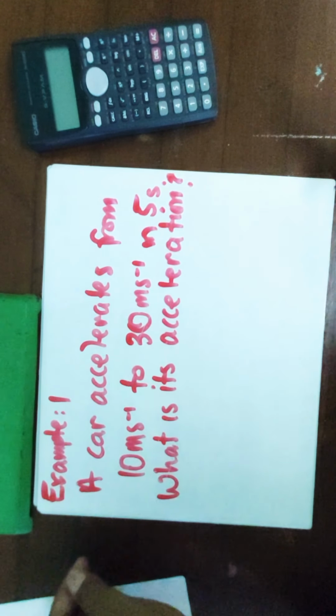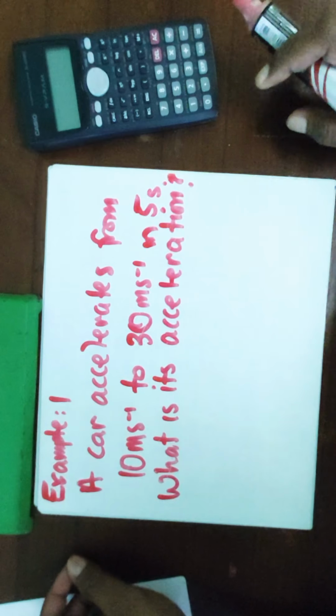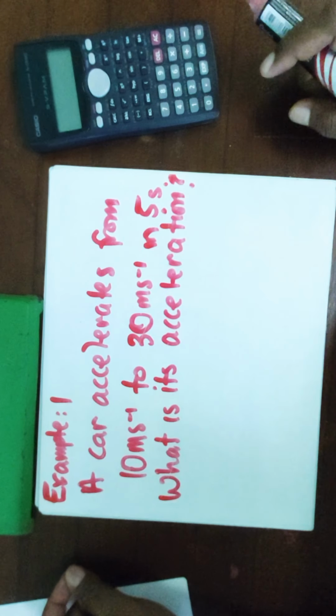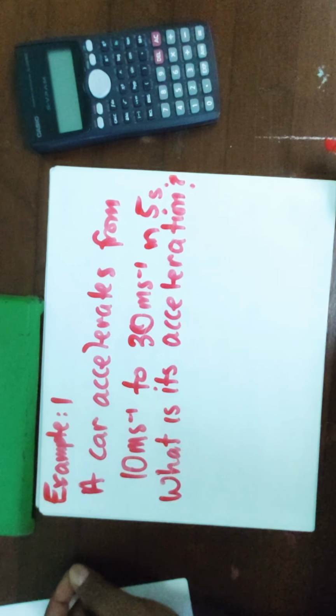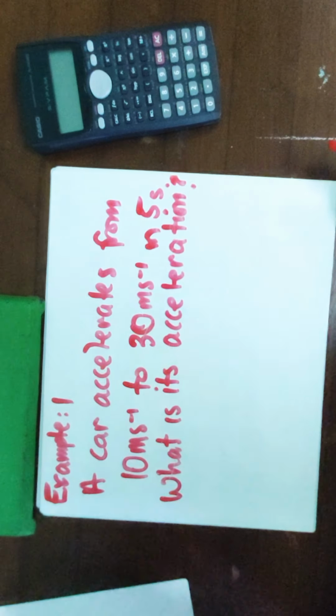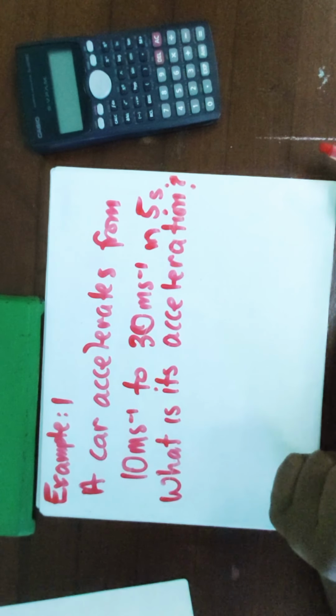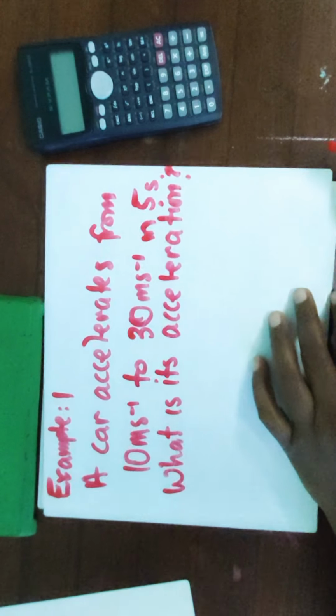Say we have this, where a car accelerates from 10 meters per second to 30 meters per second, and this occurred in 5 seconds. What is the acceleration? The best thing to do is, first of all, label the variables that are given.